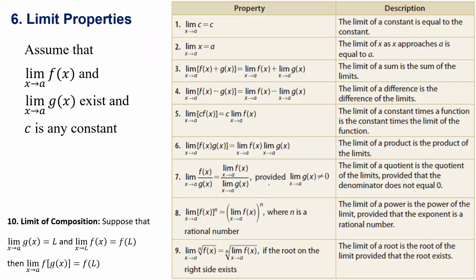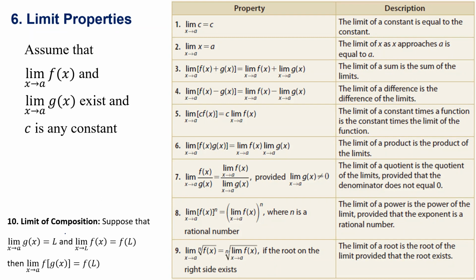And similarly, the limit of the quotient of two functions is the quotient of the limits of the two functions, provided that the denominator does not equal 0. Next, the limit of a power of a function is the power of the limit of this function, provided that the exponent is a rational number. Next, the limit of a root is the root of the limit, provided that the root exists.